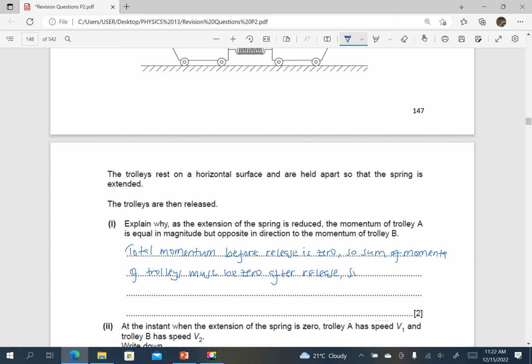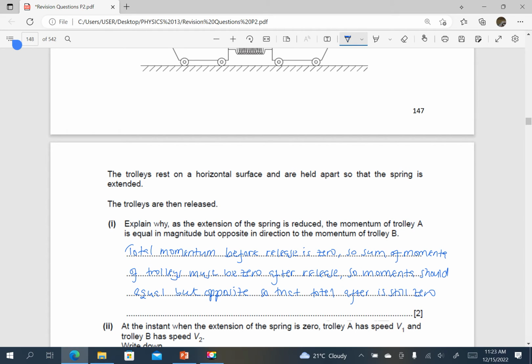So we say that momenta should be equal, first of all, but opposite, so that the total after is still zero.